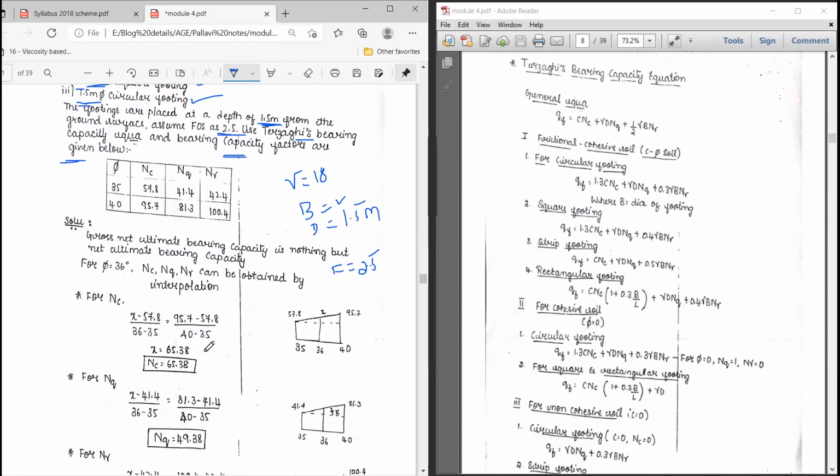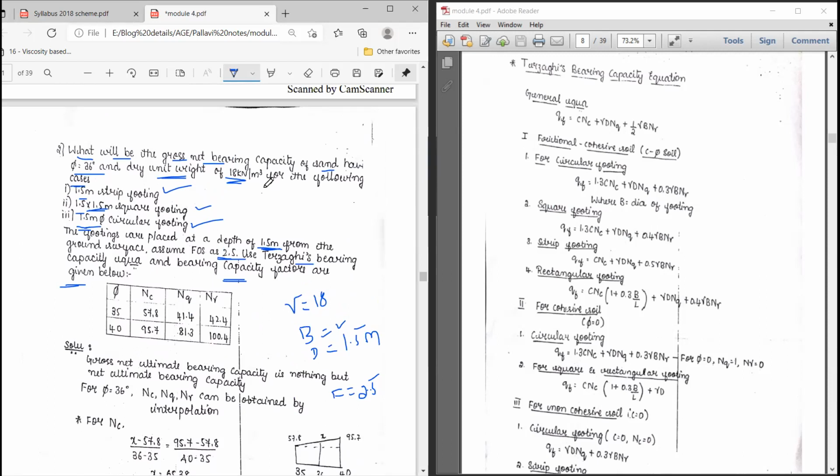Okay. Now let us take one by one. But the thing is, here he is saying that phi value is 36 degrees. In the problem he had given the table for different phi values: N suffix c, N suffix q, and N suffix gamma values. He had given it for phi values 35 and 40, but our phi value is 36 degrees.